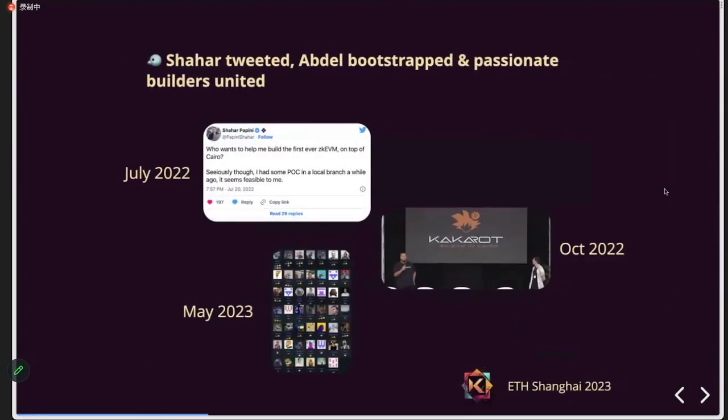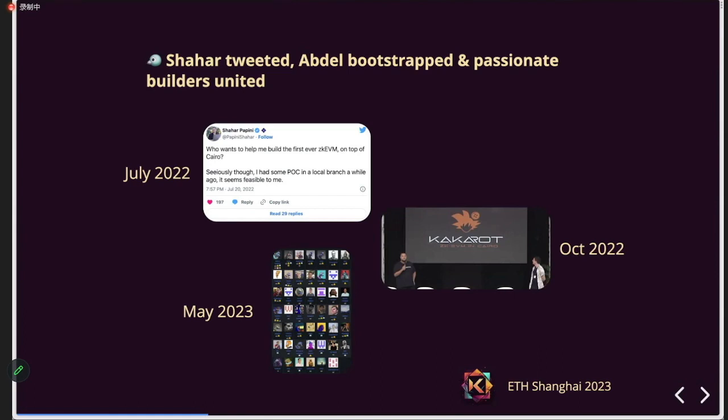So what happened? How did Kakarot actually come to life? Why didn't we just say, okay, StarkNet is using Cairo and not Solidity, so let's have everyone relearn Cairo, right? Well, Shahar Papini, the co-inventor of Cairo, wanted to try something out and kind of prove how Cairo was such a good foundation layer for the rollup space, right?